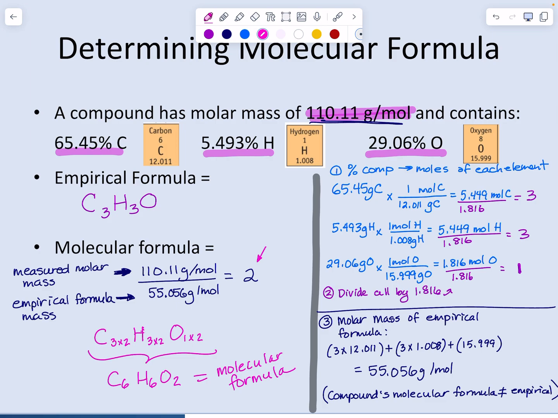So in the alum lab, you produced a compound that was hydrated.